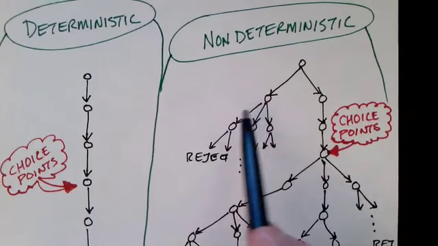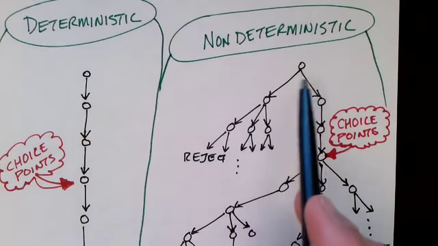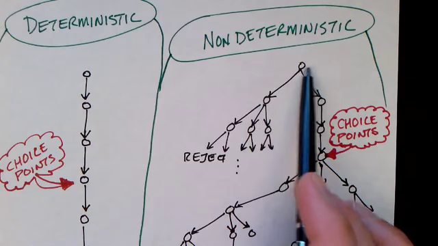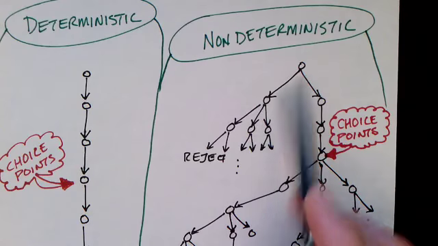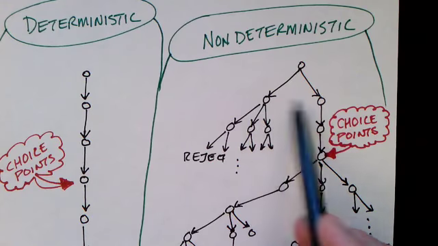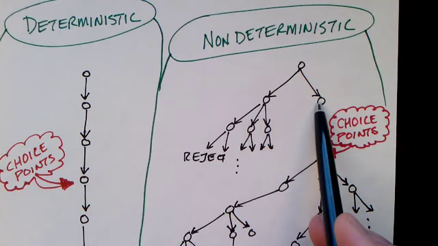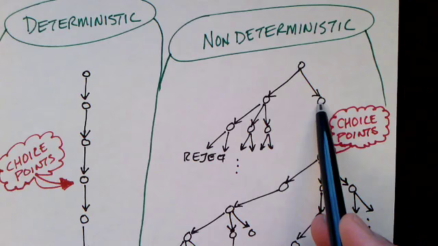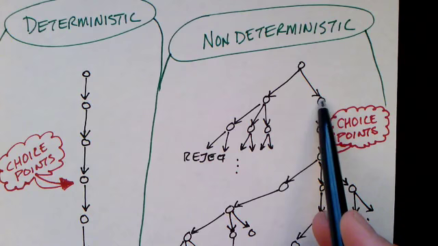Now, in the non-deterministic machine, we have choices. In the initial state, we might go this way to one state, or we might take another transition to another state. Keep in mind, these little circles here do not represent states in a finite state machine. These are pathways in executing the finite state machine.